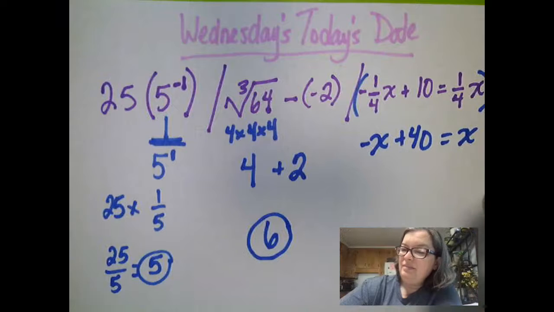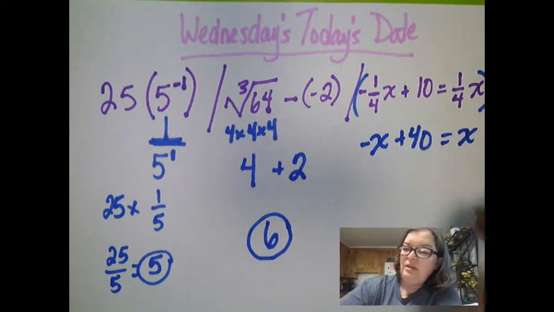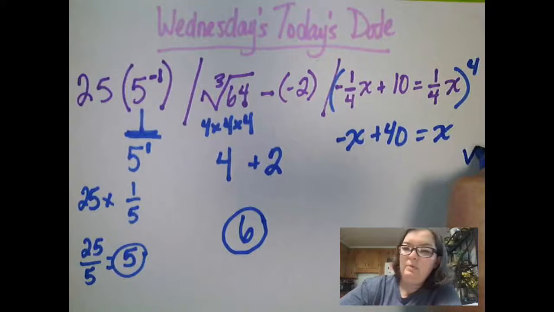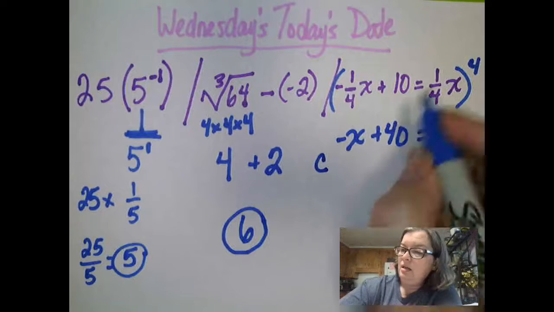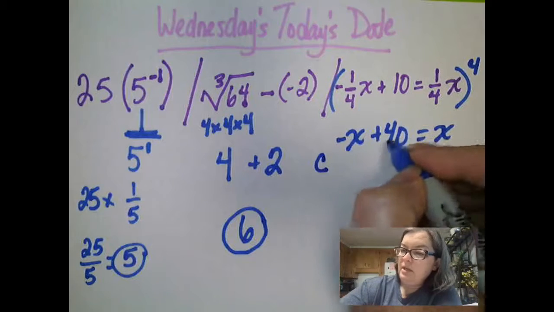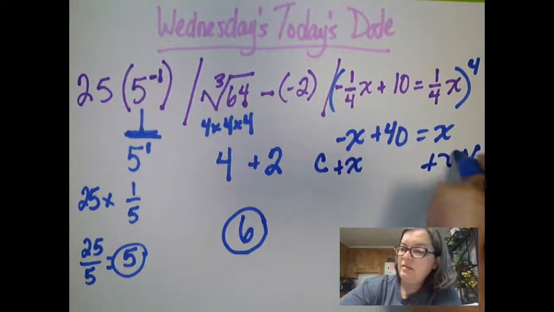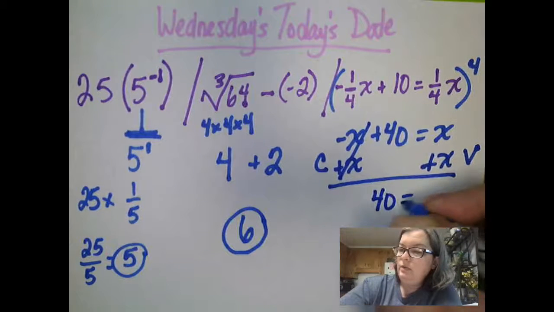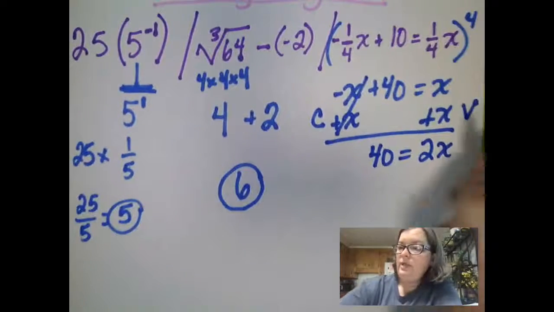In this case, I've got the constant over here. I don't have a constant over here, so I'm going to let my variable be on this side and my constant be on the left. So I keep the constant here. I'm going to get rid of the variable. I'm going to add the x to both sides. Alright, and then I have 40 equaling x plus x, which is 2x. 40 equals 2x.